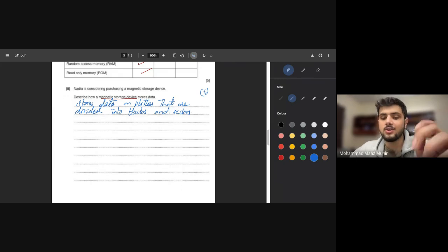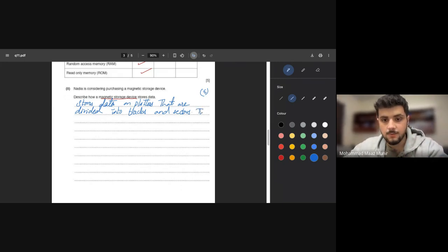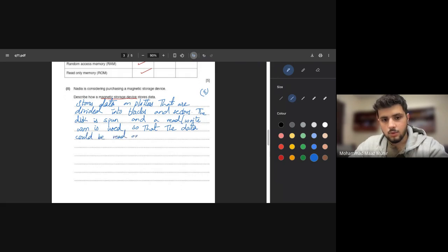Then you have to talk about how the disk is spun, and it has a read-write arm that moves across so that it can read data using electromagnets. So we're going to say the disk is spun and a read write arm is used so that the data could be read or written onto the surface.